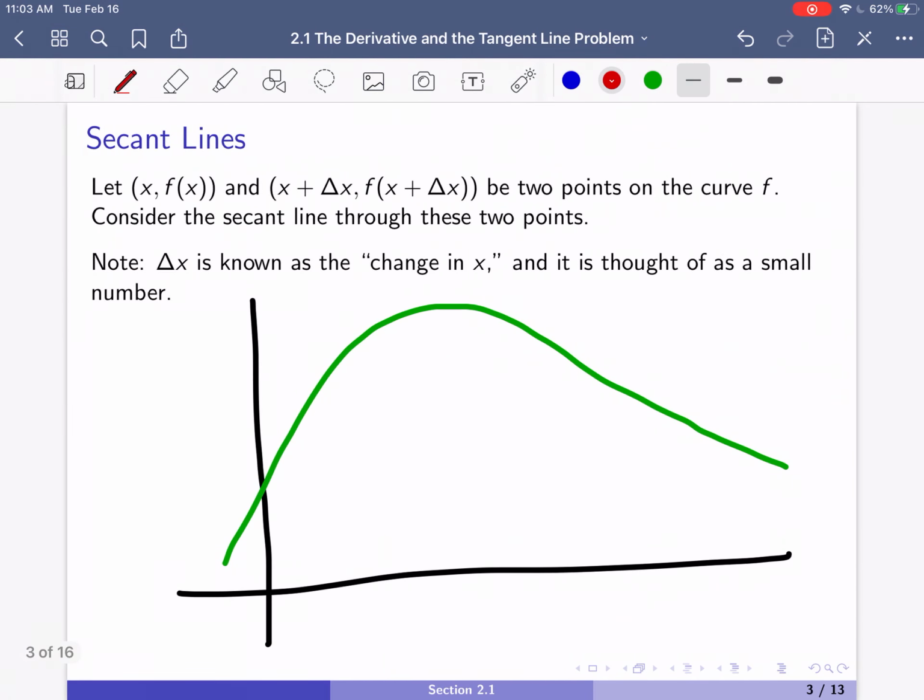Now, for those 2 points, instead of thinking about x1 and x2, we can think about x and then a little bit of space, x plus delta x, a distance of delta x away from the first. We can think about the secant line between those 2 points. So if we have our first point x, and we have its function value right here, so that's f of x right there.